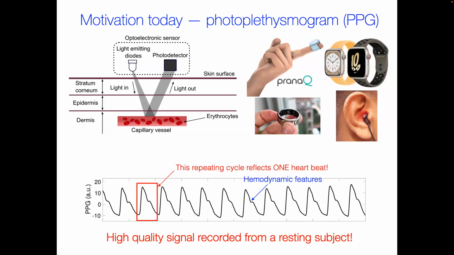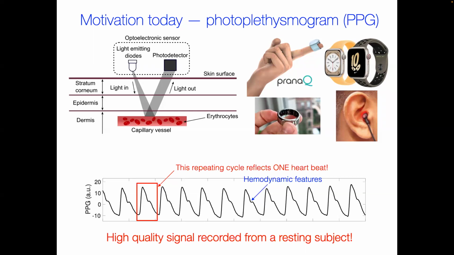So your heart beats about every 1 second. And you can see this morphology actually captures your hemodynamic features and so on. This is a signal that we consider high quality. You can see some kind of patterns, right? It's oscillatory, kind of regular.